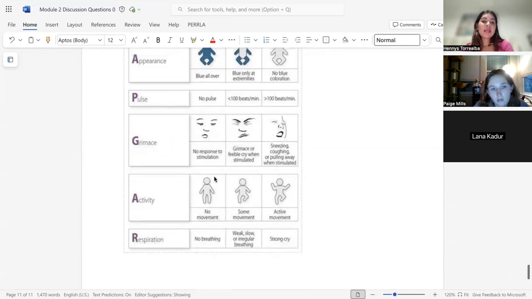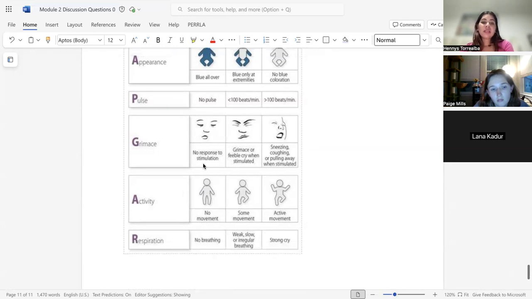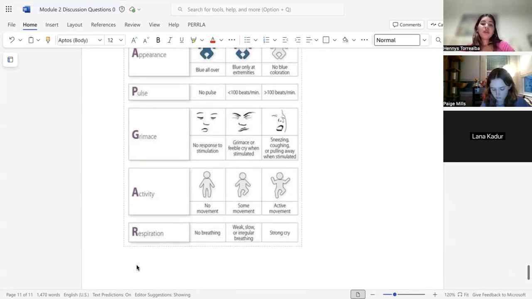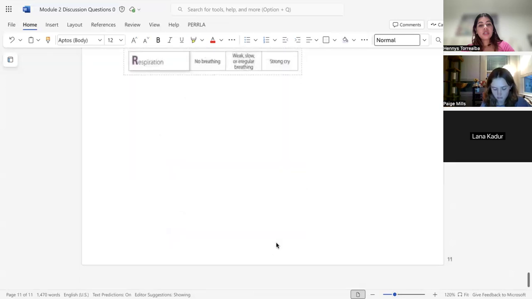Then we have grimace: no response to stimulation, grimace or feeble cry when stimulated, and then sneezing, coughing, pulling away when stimulated. This is good. And then activity, we have no movement, some movement, and very active movement. And then last, we have respiration, which is no breathing, or weak and slow, or a strong cry, which is perfect.